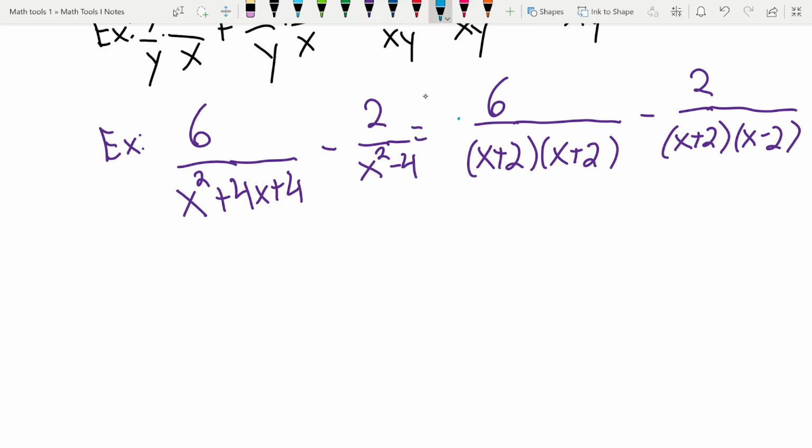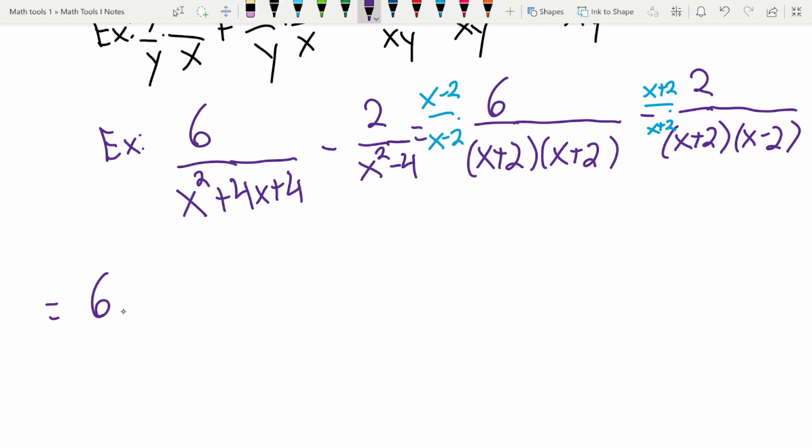So we're going to multiply by x minus 2 over x minus 2. And we're going to multiply this one, I guess I can put it right here, by x plus 2 over x plus 2. Okay, so I'm just squeezing it, but we're just multiplying the top and the bottom, the numerator and denominator, by the same things.